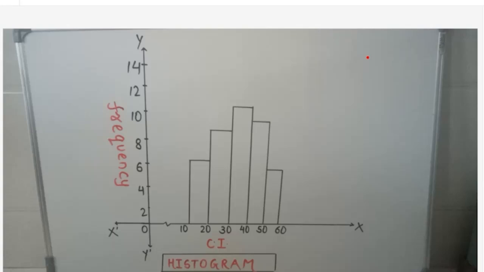Coincide means they overlap. They come one over the other. And because of that reason, they are called overlapping class intervals, overlapping type of data. समझा सब लोग को?